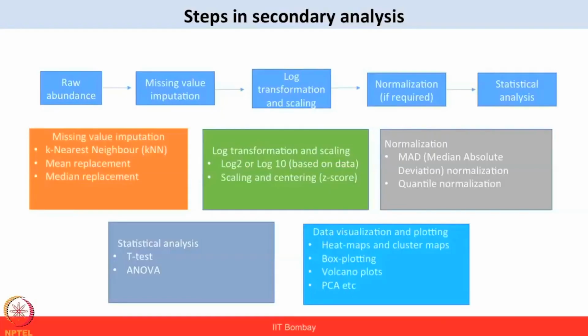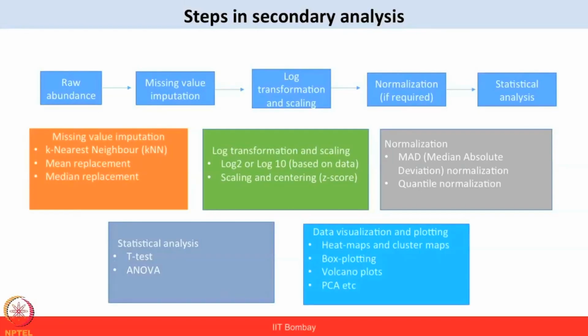And next come the statistical analysis steps. Statistical analysis is performed to test a hypothesis basically. Depending on your experimental question, you may want to know the significantly dysregulated genes or proteins or mRNAs present in disease samples as compared to controls.